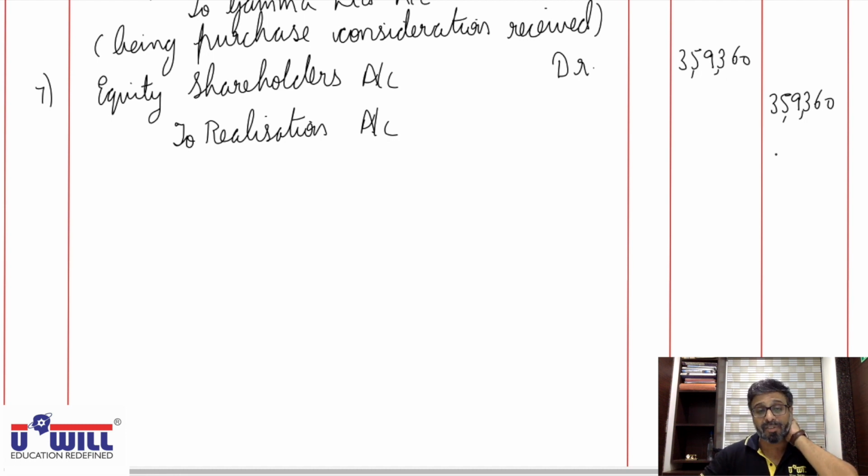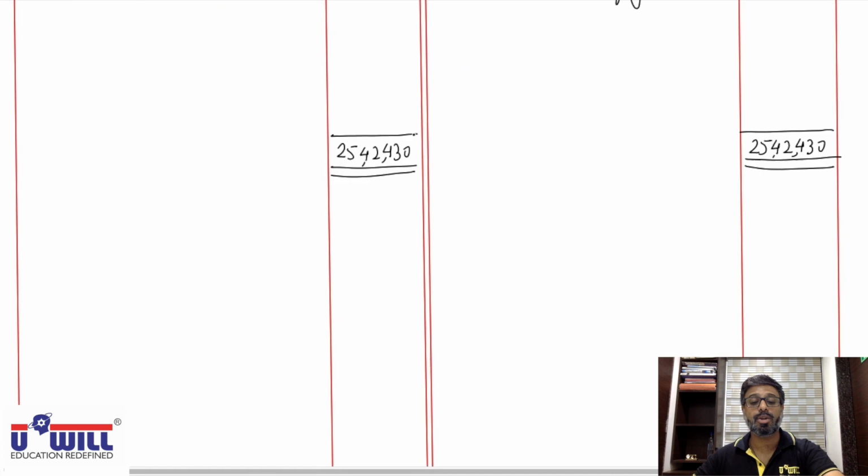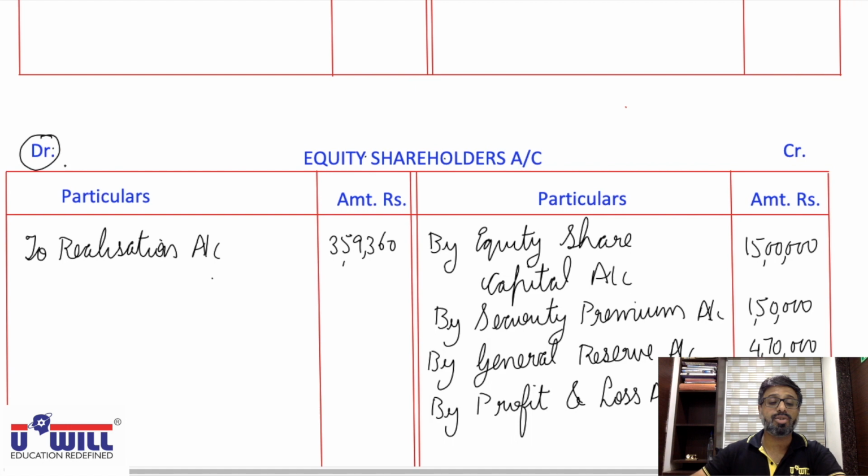That's why, if you all remember, in the past video lecture I told you no need to learn the entry of profit or loss. Just remember the steps: realization account will be closed and transferred to equity shareholders account, and the journal entry can be derived from that ledger only. In equity shareholders you write on debit side, so equity shareholders account debit.